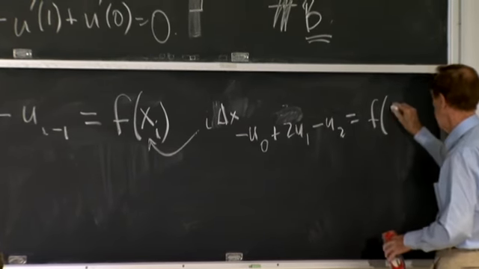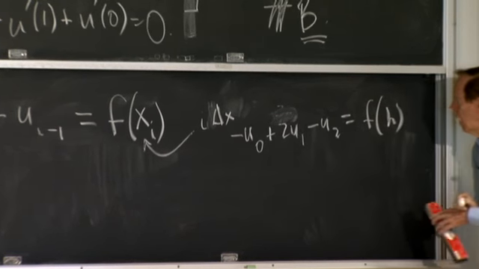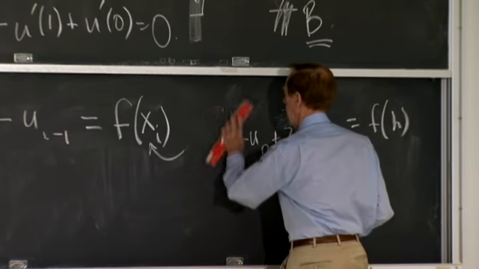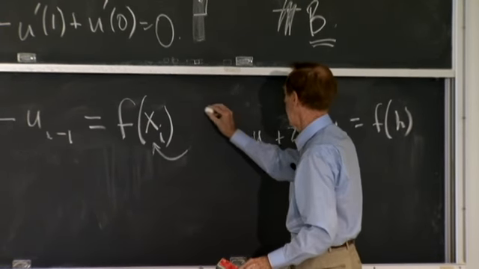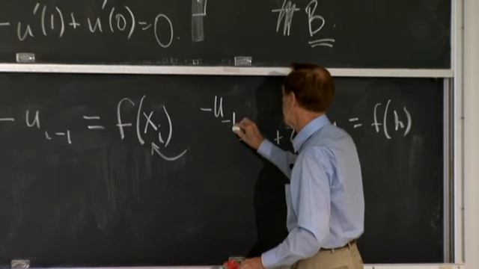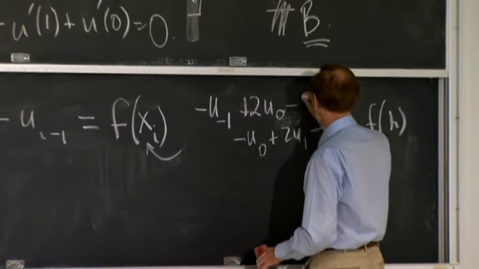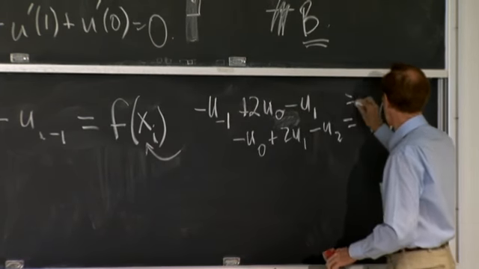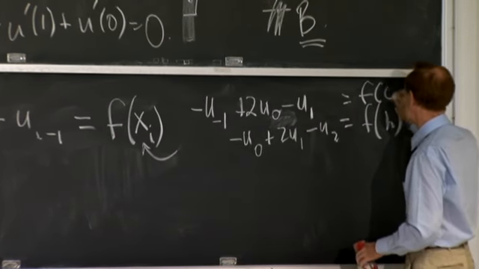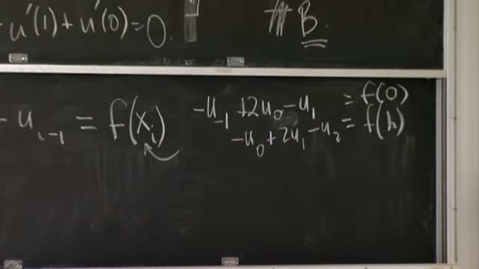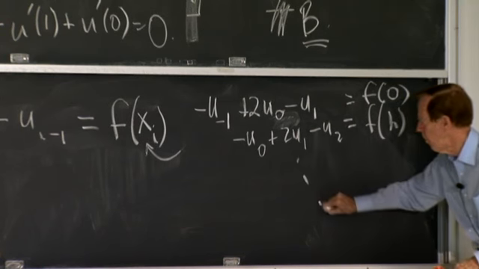That's the center, the point h, delta x. And then if I want to back up further, I would have minus u minus 1, but that doesn't really exist, plus 2u0 minus u1 would match the load at 0. And so on, forward.